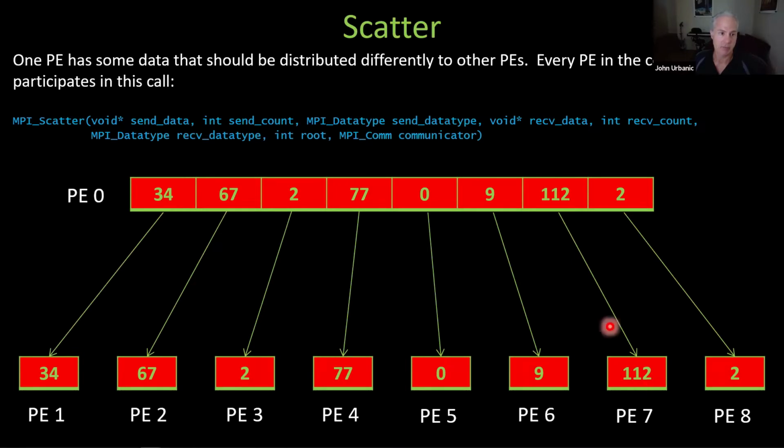With a scatter operation, you point it to the beginning of the array and you say how many you want to send of each type, because it doesn't have to just be one of each type. It could be multiple ones of each type. And you go ahead and send things out with a scatter operation. And then in one fell swoop, one call that they all participate in, all the PEs will end up with their subchunk of the array. And again, this is a very, very common thing to find yourself wanting to do.